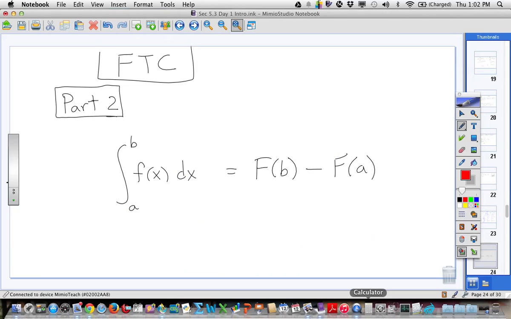Now, to be honest, when I was in high school, this was Part 1. Some books call this Part 1 and the other one Part 2. While you're writing that, I'll just talk about that a little bit. Part 1 is important because of what it means.